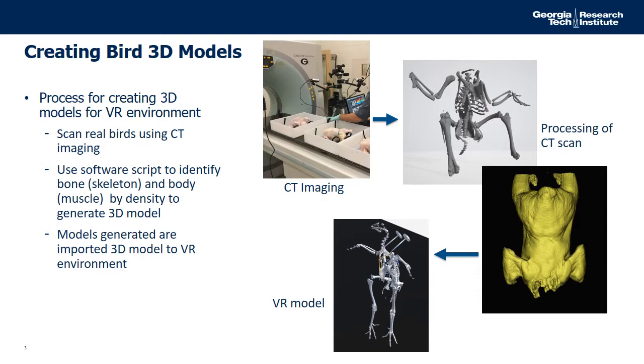Once the birds were scanned, we use specialized software to convert the raw CT scan and create the skeletal model and the corresponding surface skin model that use density data generated by the CT scan. Those models are then exported to a format that can be imported and used in the VR environment, as can be seen in the lower left image.